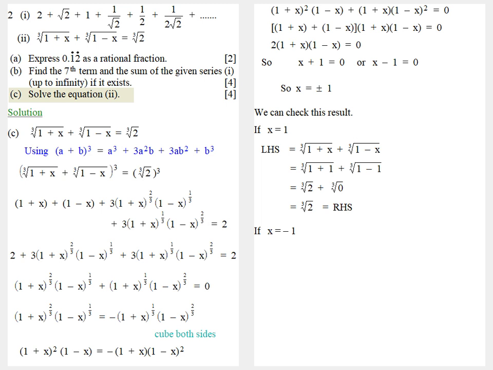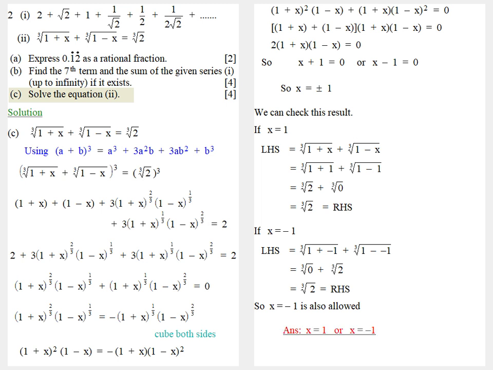If x is minus 1, the left-hand side is the cube root of 1 plus minus 1 plus the cube root of 1 take away minus 1. Now that simplifies to cube root of 0 plus the cube root of 2, which is just the cube root of 2, or the right-hand side, and so x minus 1 is also allowed. So our answers are x equals 1 or x equals minus 1.